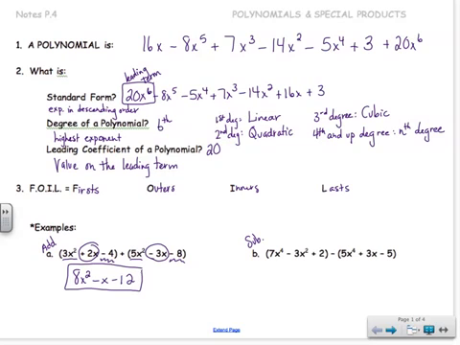When we're subtracting, you want to be careful about that because you're really subtracting each of these terms. So I often rewrite it out. Minus 5x to the fourth minus 3x plus 5. 7x to the fourth minus 3x squared plus 2. And now we can do it in the same form. So 7x to the fourth minus 5x to the fourth gets me 2x to the fourth.